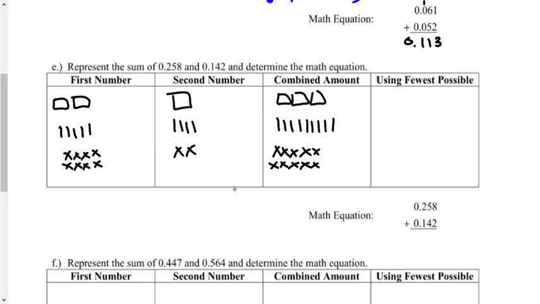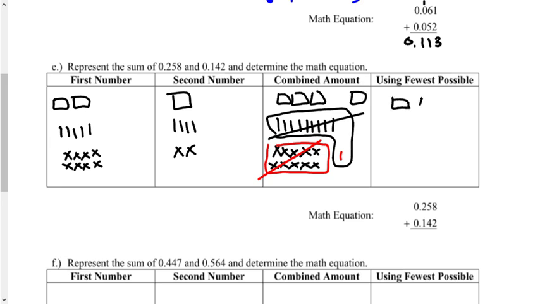When these all go together, these are all going to come together to form 1 rod, right? Then, look, I had 9 rods up here before. If I take these 9 and I add that 1 more in together, those are all going to make 1 extra flat. So using the fewest possible symbols, we get 4 of these flats.